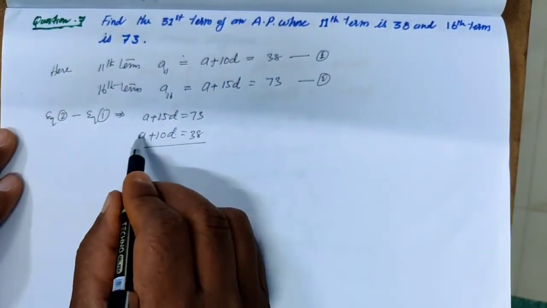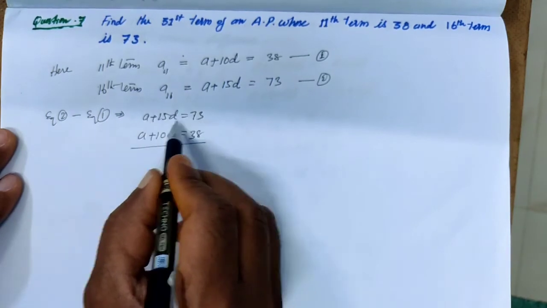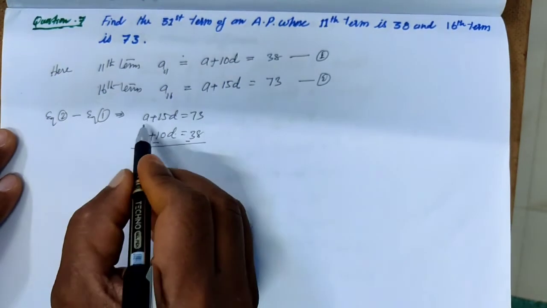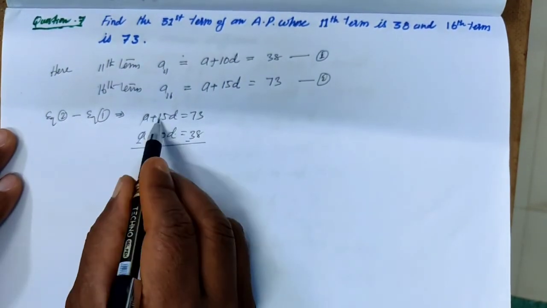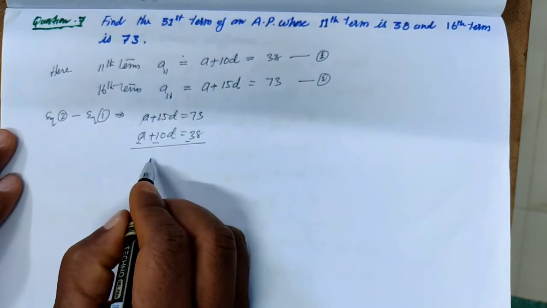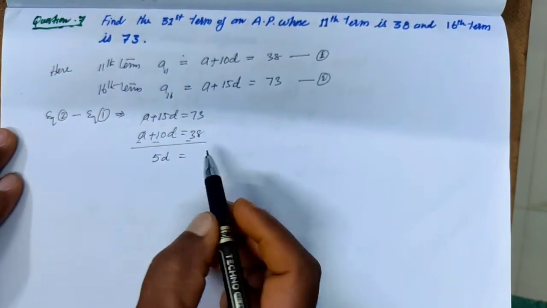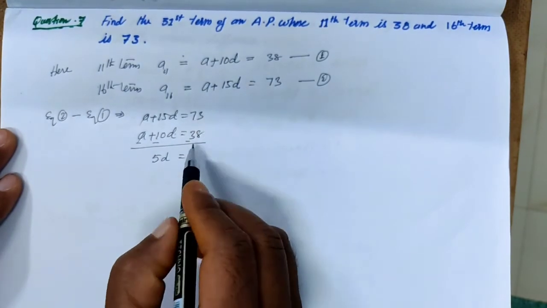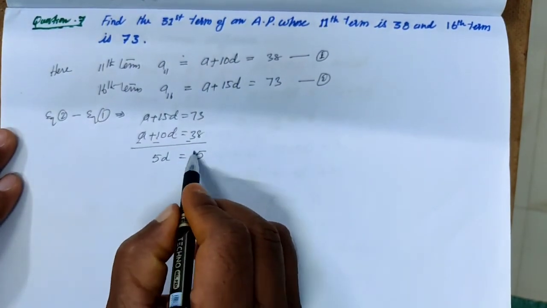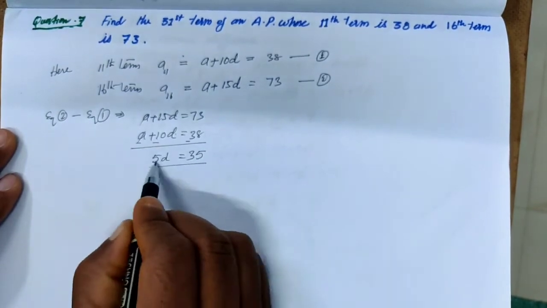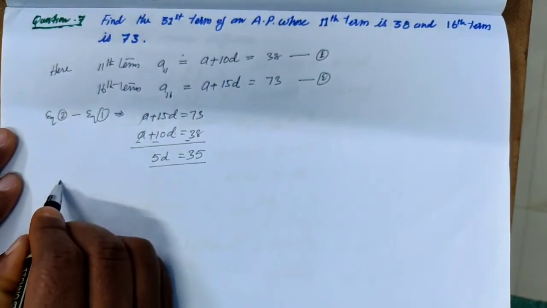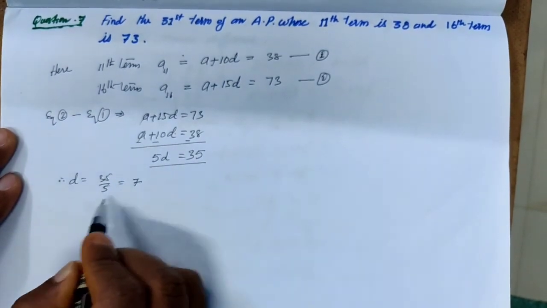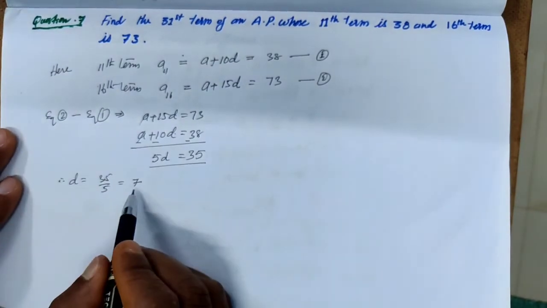Now subtract equation 1 from equation 2. So change the sign. Now plus a minus a gets cancelled, and plus 15d minus 10d is equal to 5d. Now 73 minus 38, how much is it? Okay, so this is 35. So 5d is equal to 35. Therefore d is equal to 35 by 5 is equal to 7.